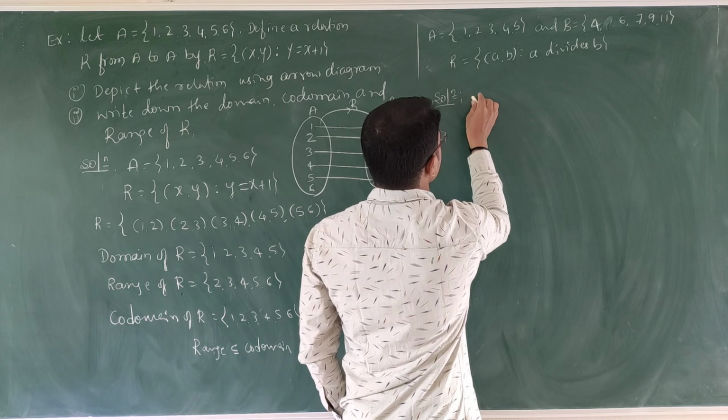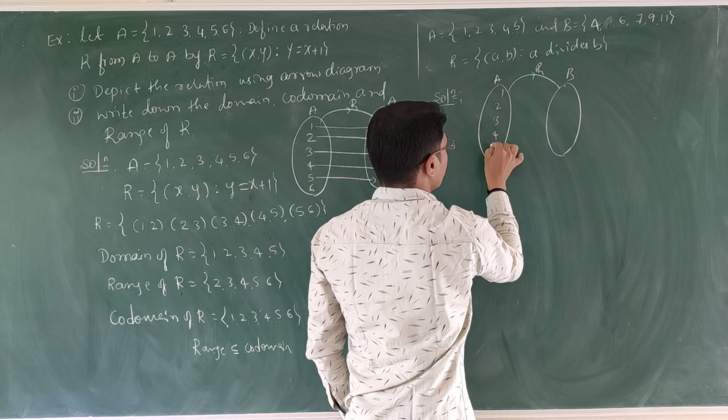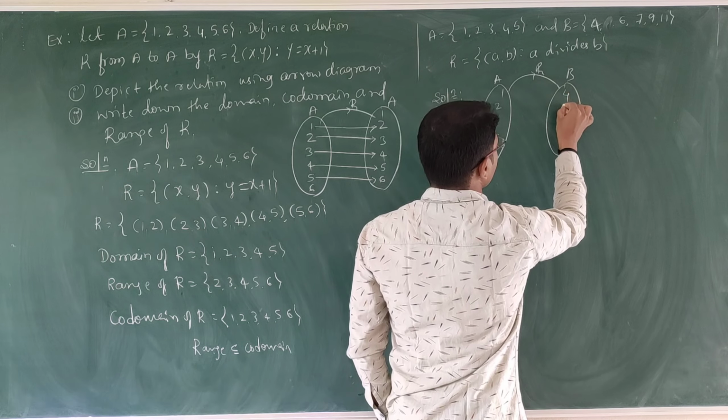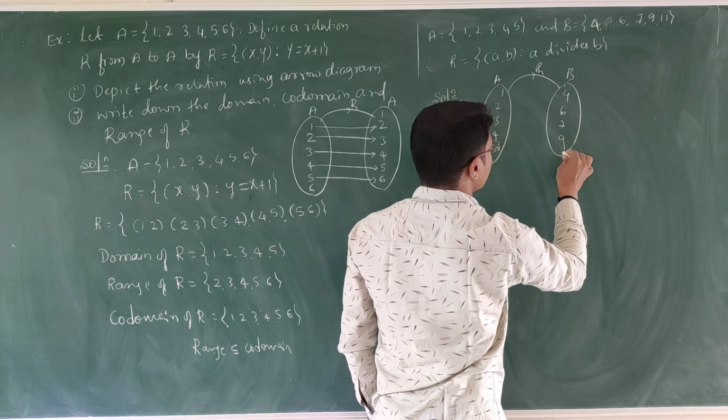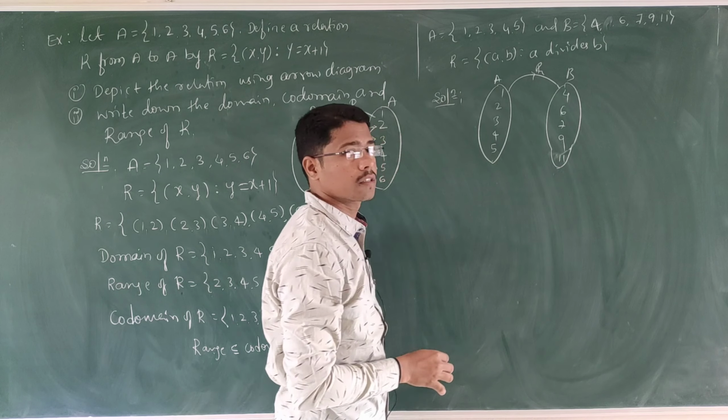Set A, set B. Okay, this is a relation R. Then 1, 2, 3, 4, 5 and next 4, 6, 7, 9 and 11. Right, these are the two sets.